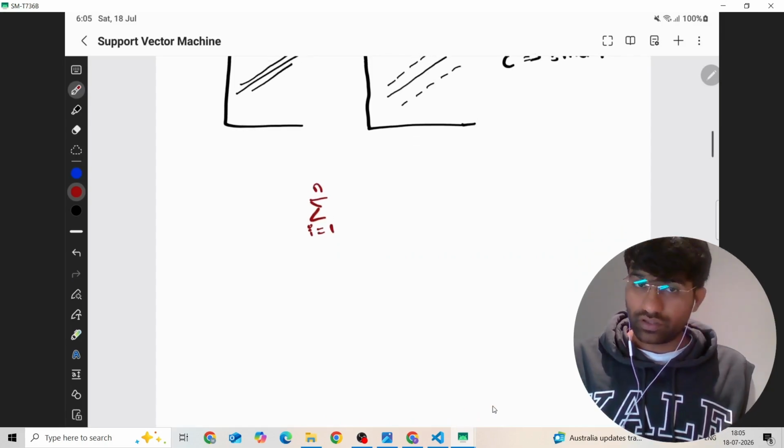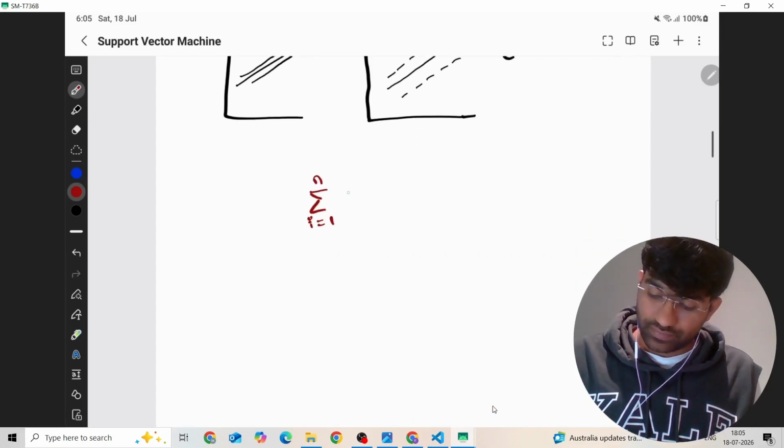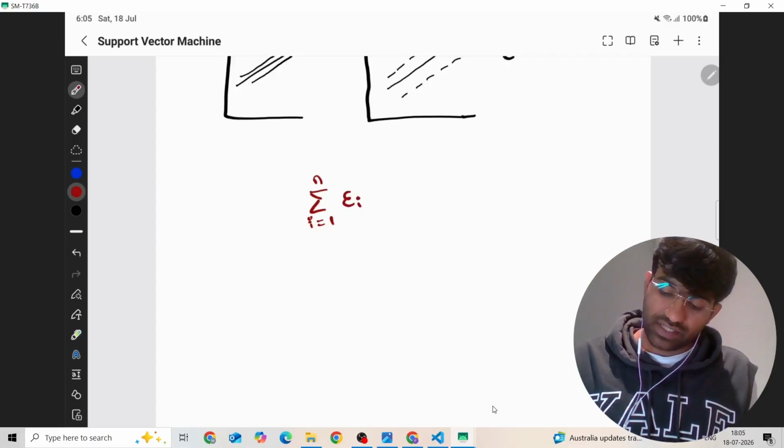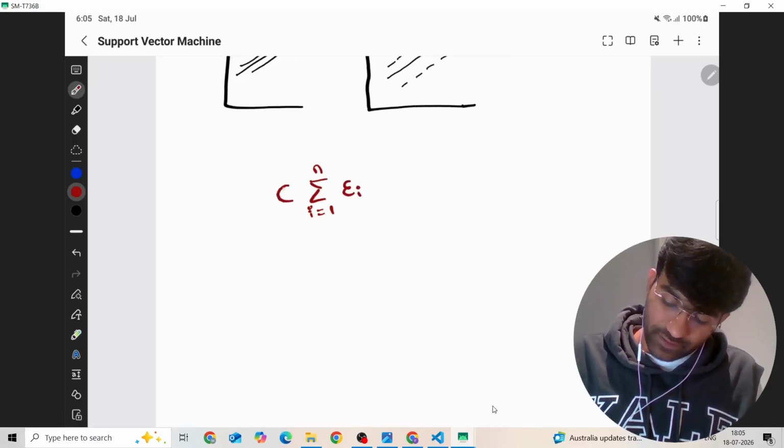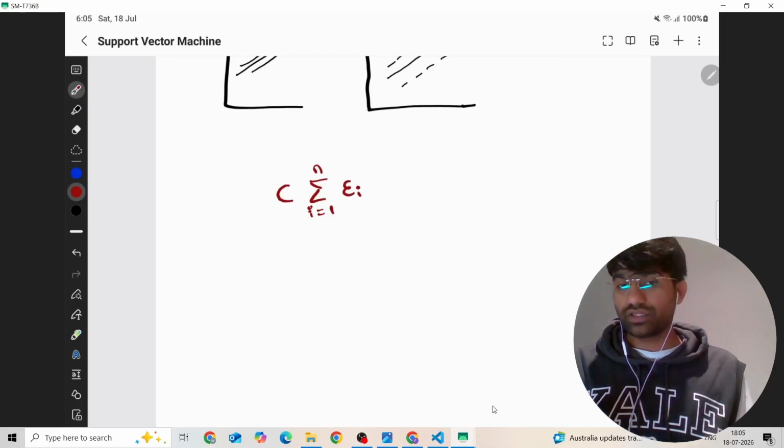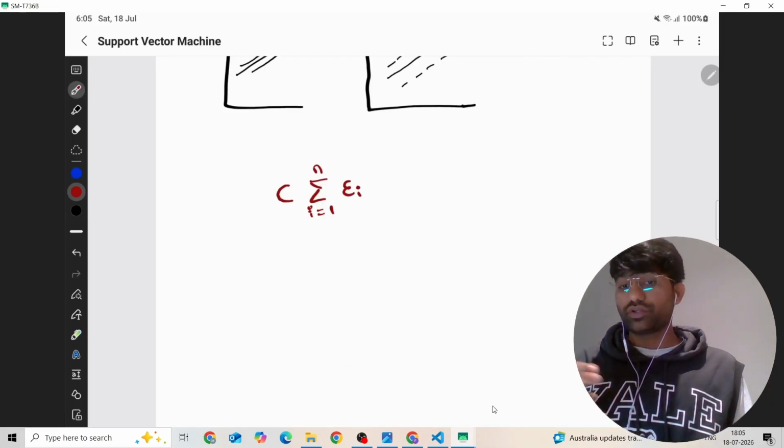For all the data points in our data set, there will be error. To this error, we will add a hyperparameter C to control the error based on your project requirement.